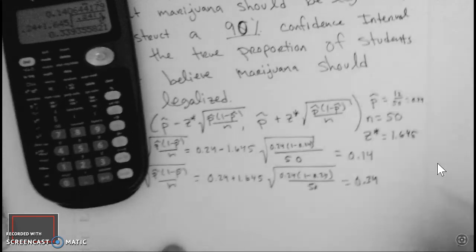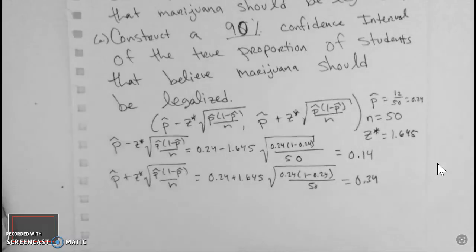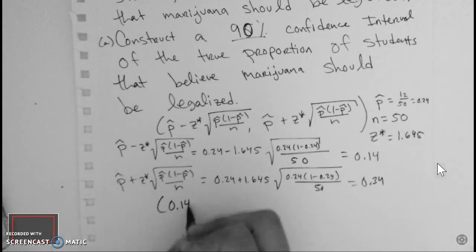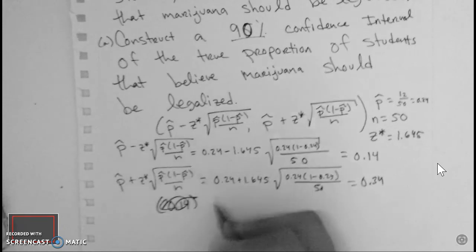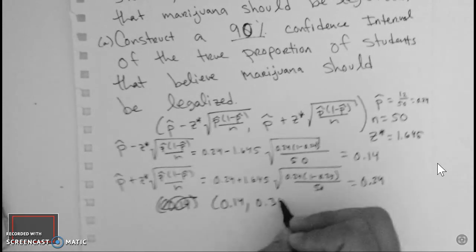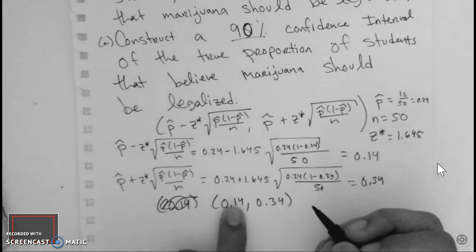So what is my confidence interval? My confidence interval is going to be between 0.14 all the way to 0.34, so 14% to 34%.